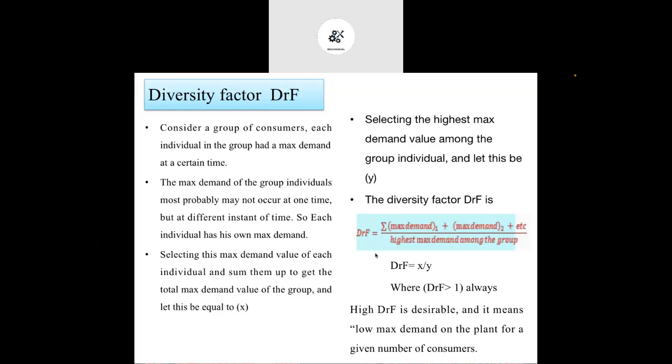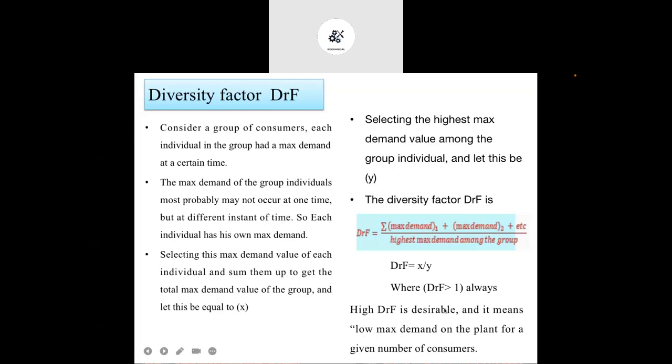Now what should be the value of the diversity factor? Again, the diversity factor value lies between 0 to 1, right? So a high diversity factor value is desirable, because in that case the maximum demand on the power plant is low for the number of consumers.